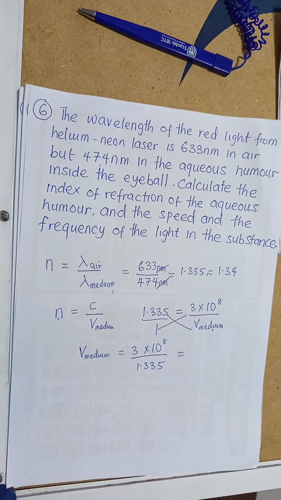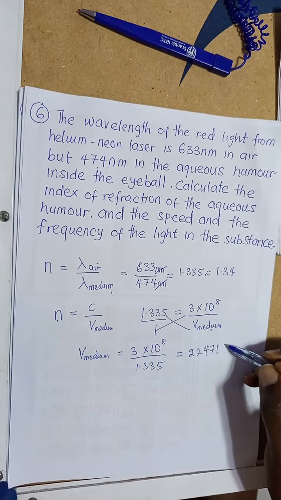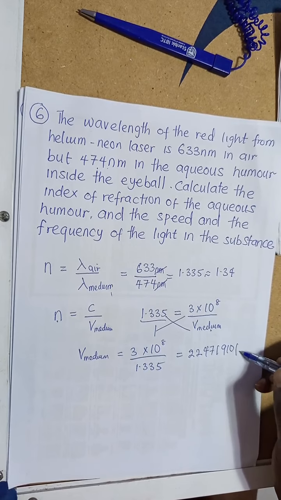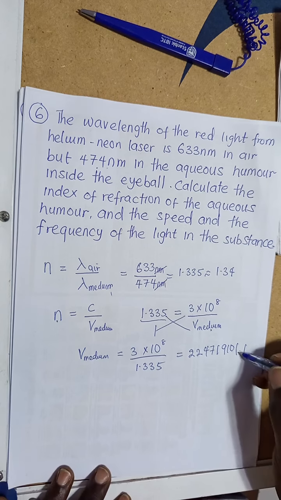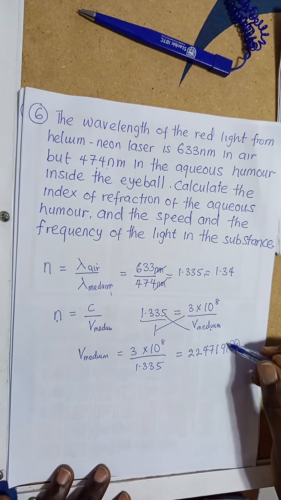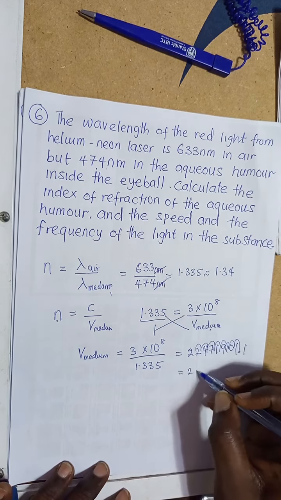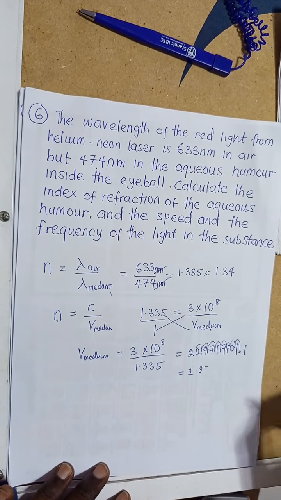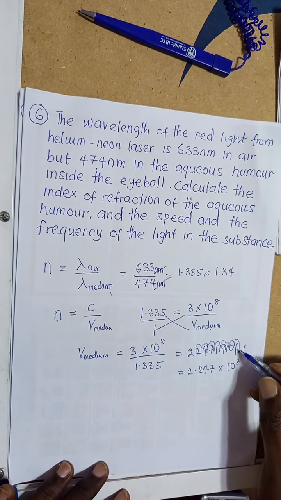I think our answer should be 224719101.1, which is about 2.247 times 10 to the power 8.